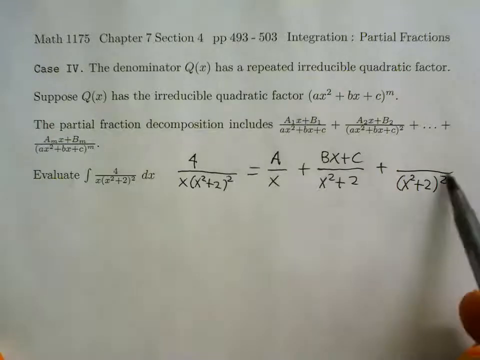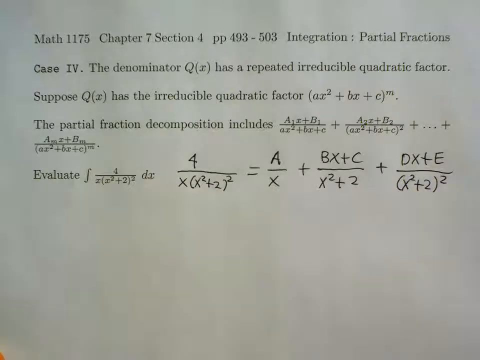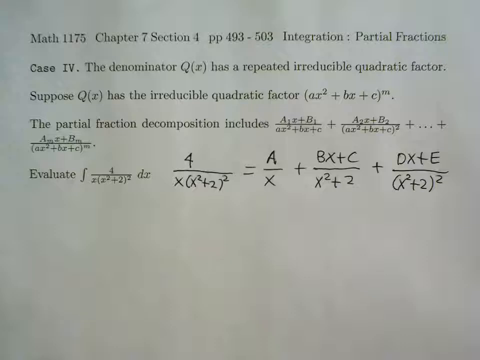The numerator for this is Dx plus E. So we need to find those 5 numbers, A, B, C, D, and E, and then afterwards we'll integrate, or at least set up the integral.